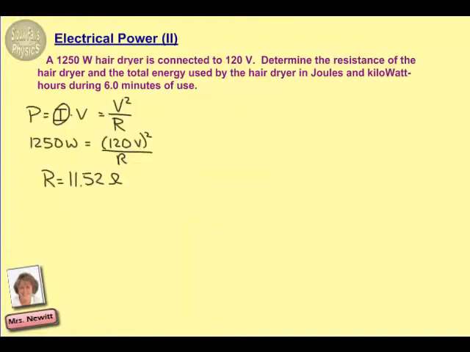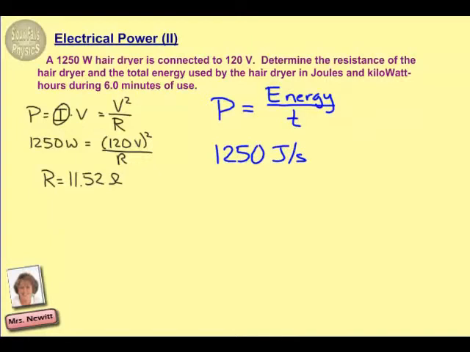The second part of this question asks about the total energy used. And for that, we need to go back to our definition of power. Originally, we defined it as a rate of work per time or energy over time. And in this case, then, we are given the power amount as 1,250 watts. Remember that really a watt is the same as a joule per second.